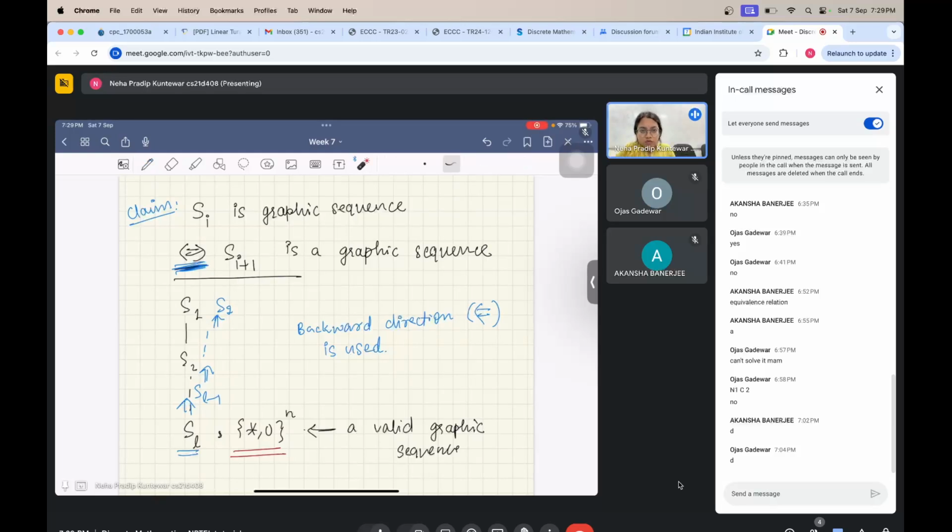So if you want to prove the Havel-Hakimi theorem, you just want to prove this claim and the base case. So base case would be just this. That is simple. So how do you go about saying that if Si is a graphic sequence, then Si plus 1 is a graphic sequence?